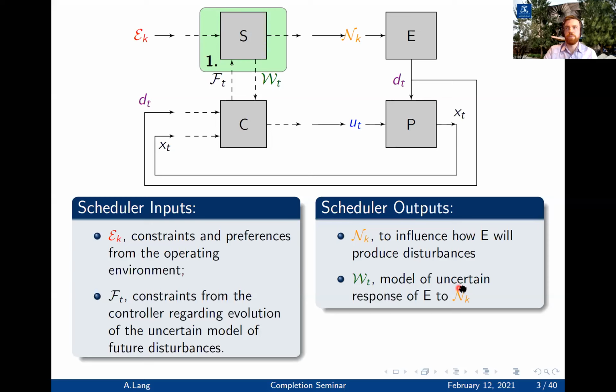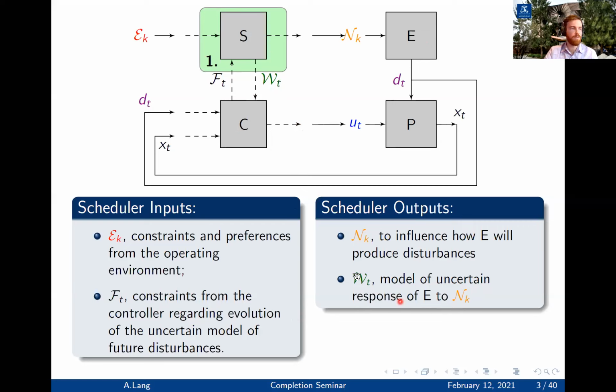The second output from the scheduler is this model of the uncertain response of the environment to this influence. So the environment will respond to this influence, generate something that may not be exactly what the influence was, and this is a model of that uncertainty. And then it has this second input that comes from the controller, and that's going to, as we'll discuss later, constrain the future evolution of this uncertain model of future disturbances.